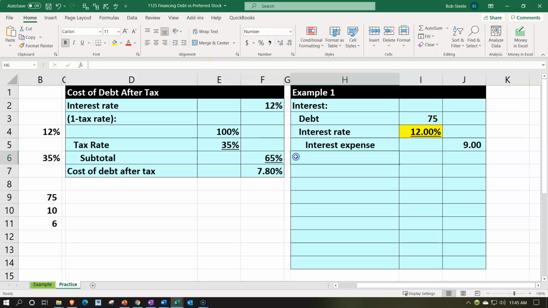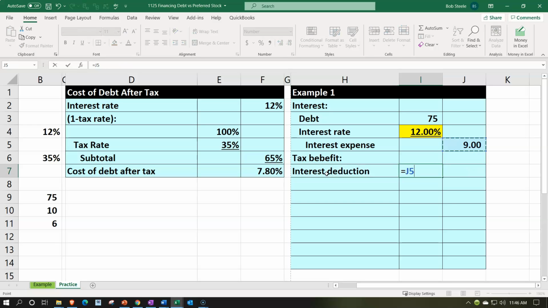And then we're going to see the tax impact. Because we're looking at the debt side of things, we have a tax benefit, so we're going to pick up the interest, which is now the interest deduction, which would be that $9, because we get the benefit of the taxes on that. Times the tax rate, which I'll just pick up right here, is the 35%, you'll recall, because that's what we read on the left.